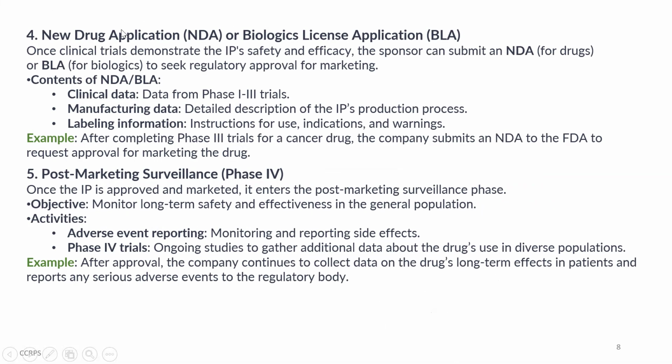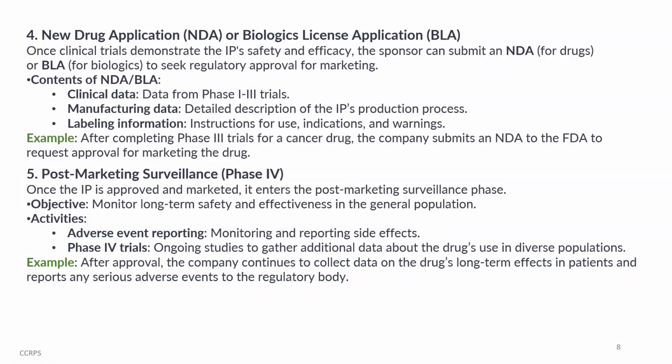Another key point here: new drug application, NDA, or biologics license application, BLA. Once clinical trials demonstrate the investigational product's safety and efficacy, the sponsor can submit an NDA, new drug application, for drugs, or a BLA for biologics, to seek regulatory approval for marketing, in order to conduct phase 4.